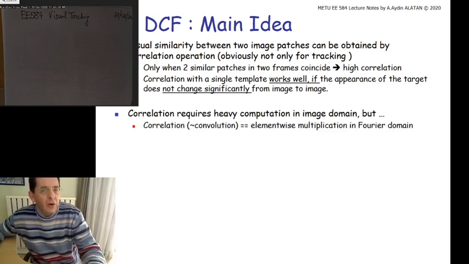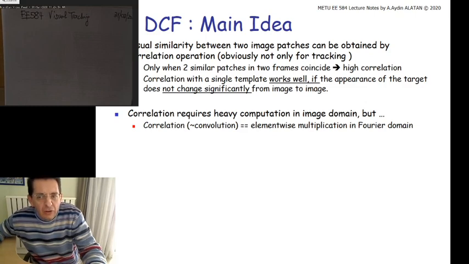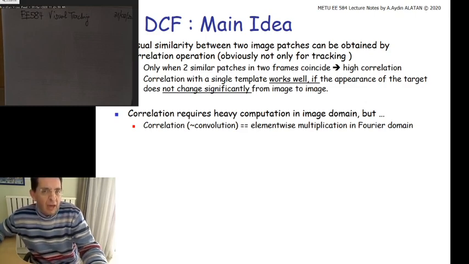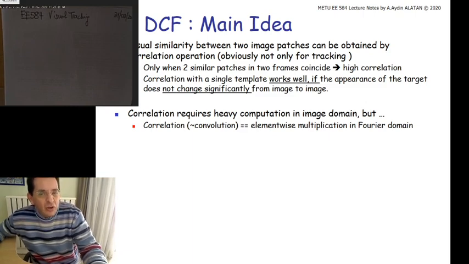But in the Fourier domain, since correlation is nothing but a convolution, it is simply an element-wise multiplication in the Fourier domain. Going to the Fourier domain is n log n, or n squared log n squared for our case. Therefore, that should be a computationally easy job to do.